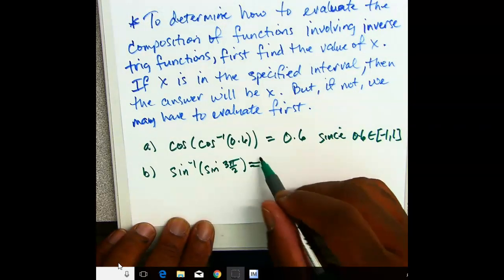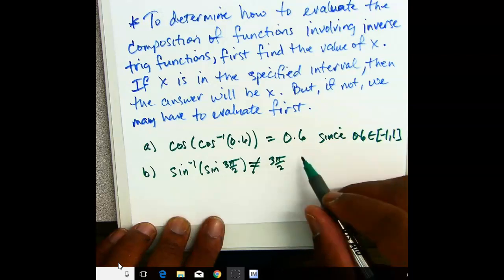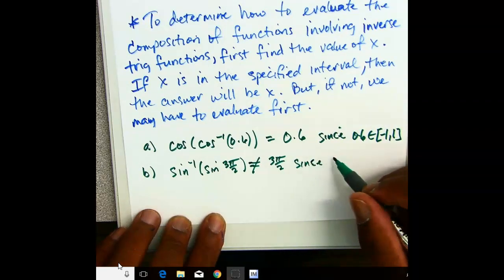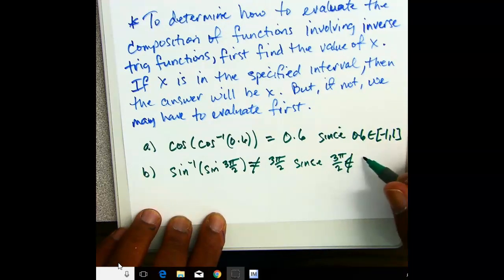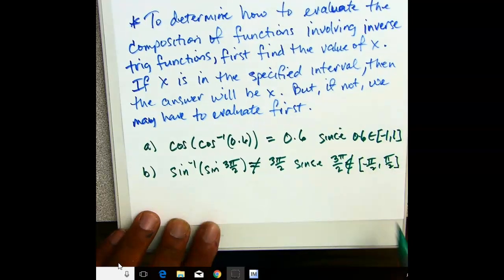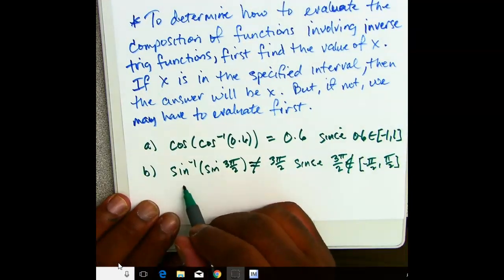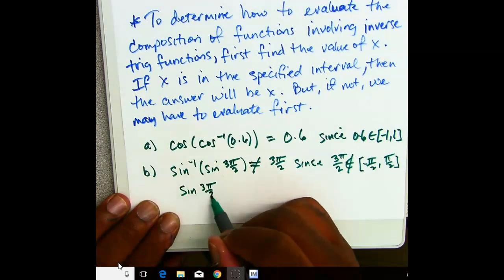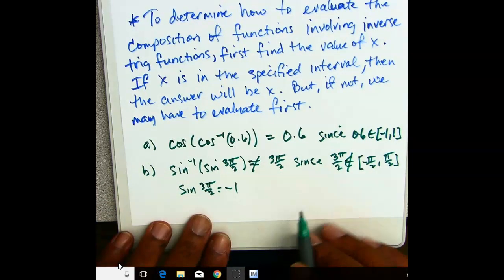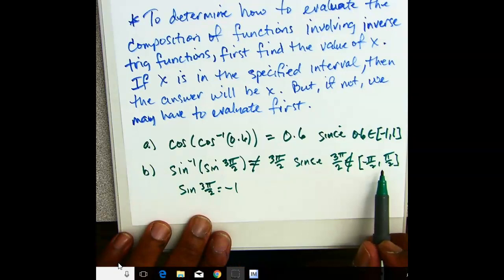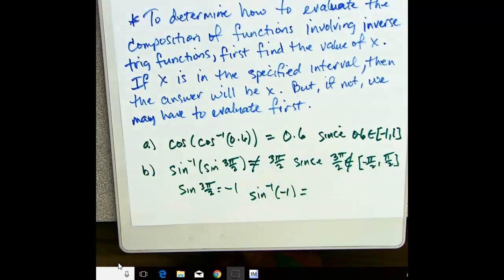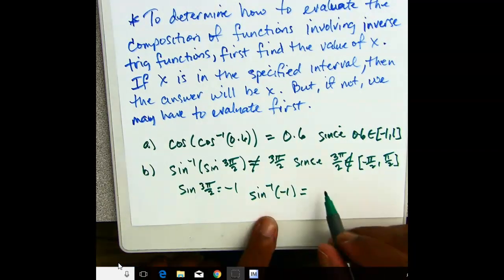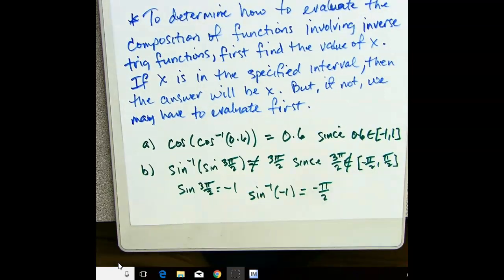The answer here is not equal to 3 pi over 2, since 3 pi over 2 is not in the set of negative pi over 2 to pi over 2. It's outside of that domain. So the sine of 3 pi over 2 is equal to negative 1. Now negative 1 is in this domain. So the inverse sine of negative 1 is equal to negative pi over 2. And that's our solution.